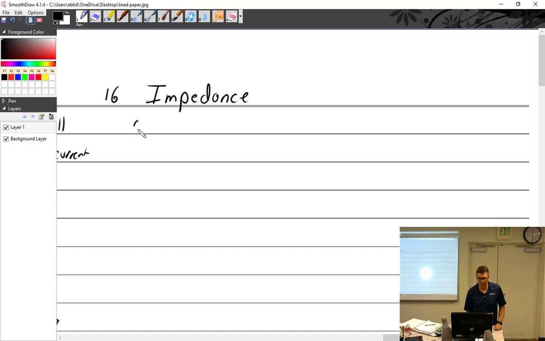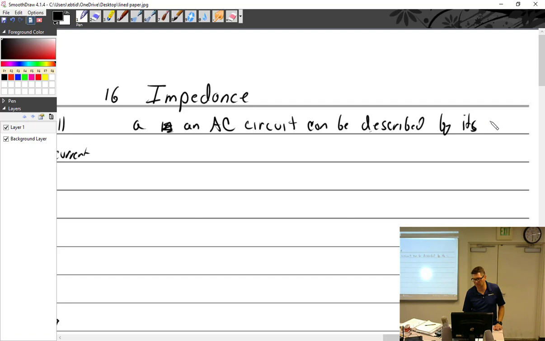Impedance. All right, so an AC circuit can be described by its components.